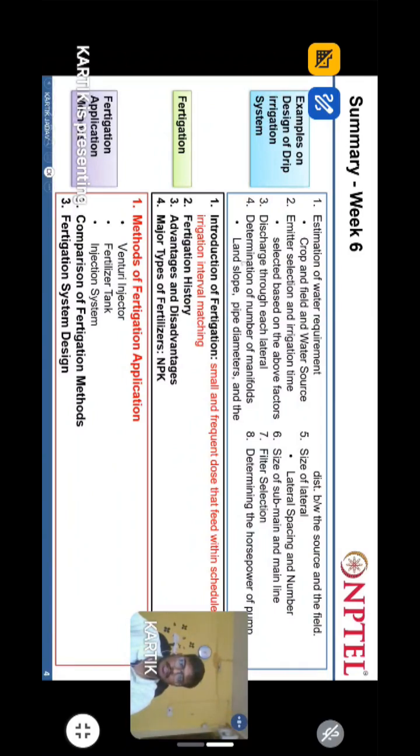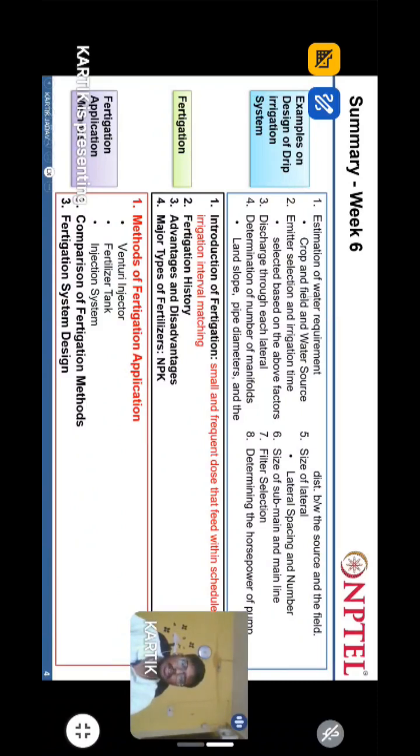Let's summarize the week 6 content. We started with examples on the design of drip irrigation system. In that, as you mentioned, the first fundamental requirement is the water, both crop and field unit, right?